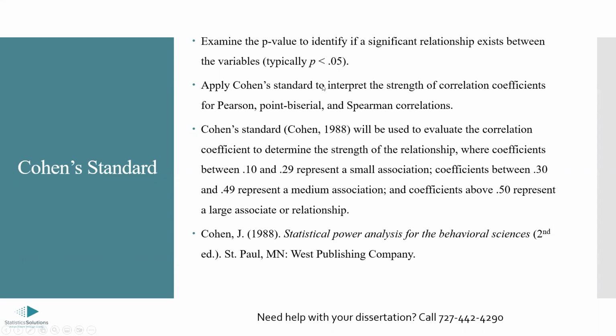Then you can apply Cohen's standard to interpret how strong your correlation is, and you can see the different cutoffs. So if the correlation coefficient is between 0.1 and 0.29, you have a small association. Between 0.3 and 0.49, you have a medium or moderate association. And any coefficient larger than 0.5 represents a large or strong association.